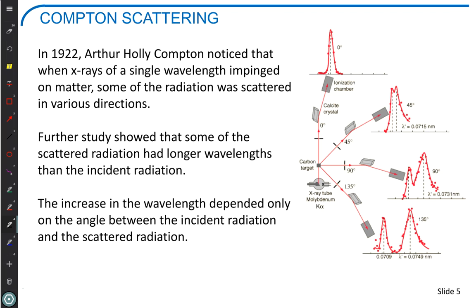When he looked at the wavelengths of his scattered X-rays, he found that most of the scattered X-rays had the same wavelength he had started with. Now, you're in a vacuum chamber, so the wavelength coming in and the wavelength coming out should both be the wavelength in vacuum. The speed's the same, should be the same. Why? Because the frequency can't change.